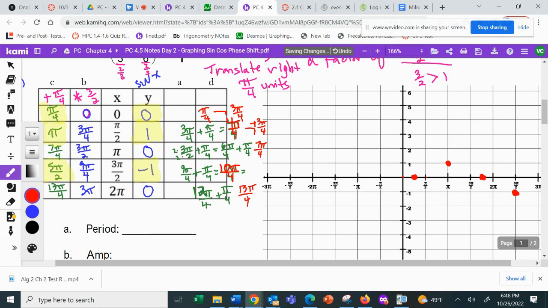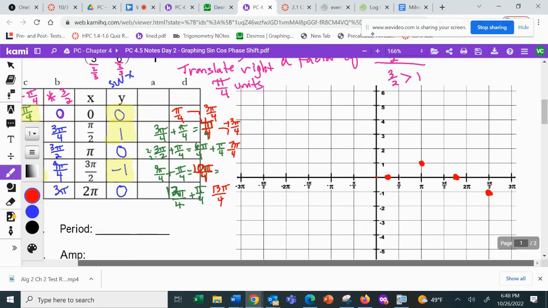Another way you could look at finding this point is that it's exactly in between the 2 points that I knew where to put, and the y value is 0. And then finally, 13 pi over 4, 0. These are 1.5 blocks apart, so 1.5 blocks further, barely off the graph, I can handle it, at 0. So work smarter, not harder, when you graph these.